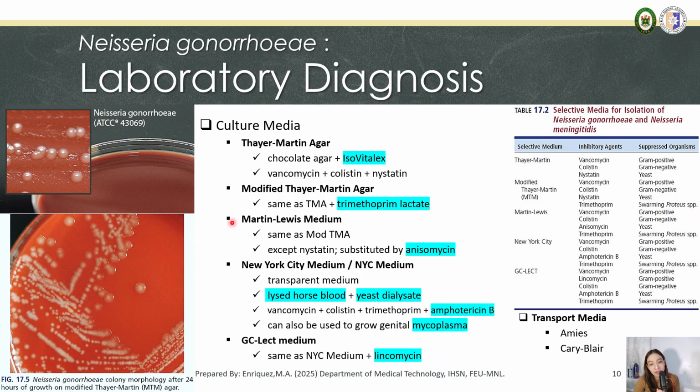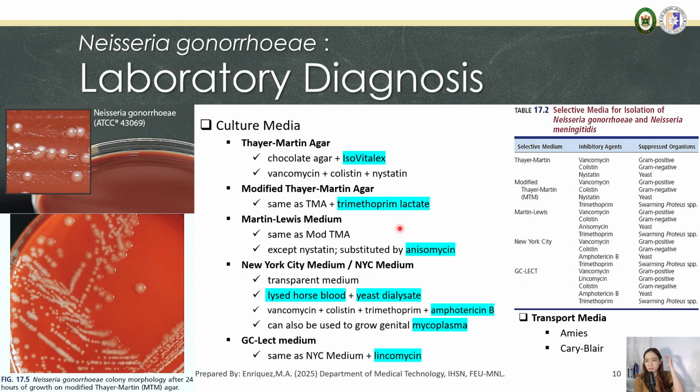Next is the Martin Lewis medium, okay, which again is basically the same as the modified Thyre-Martin agar, except nystatin has been substituted with anisomycin. But again, the purpose is the same. It's also to prevent the growth of yeast contaminants. Okay?